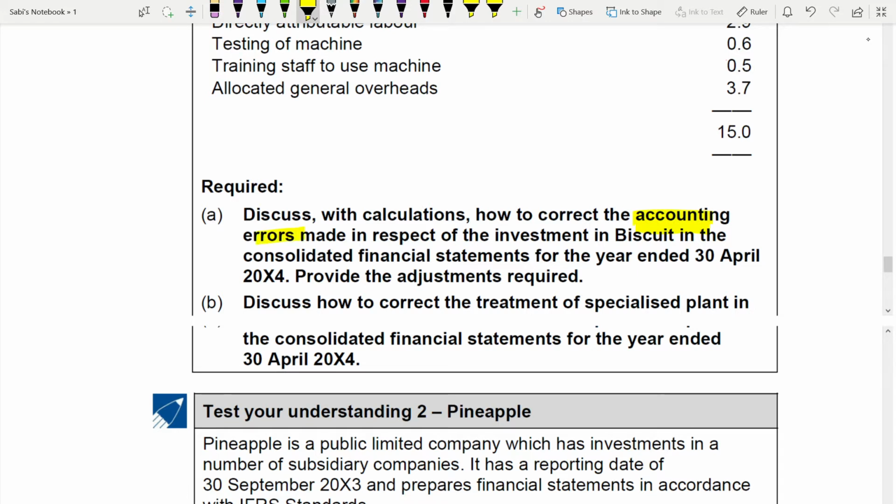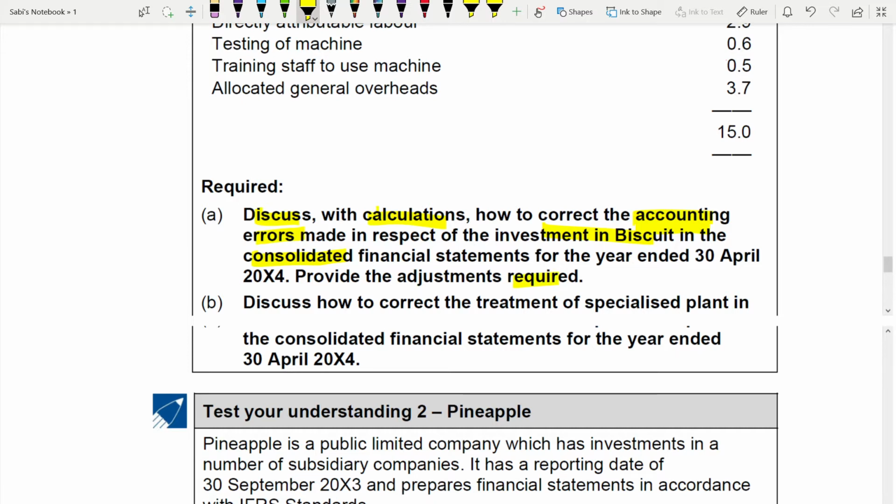Now you have to discuss and also calculate how the investment in Biscuit in the consolidated financial statements should be corrected. The moment you see consolidated, you know it's question number 1, the group accounting question, which is section A, worth 30 marks. You have to provide the adjustments required. If any adjustments are there, you have to provide them.